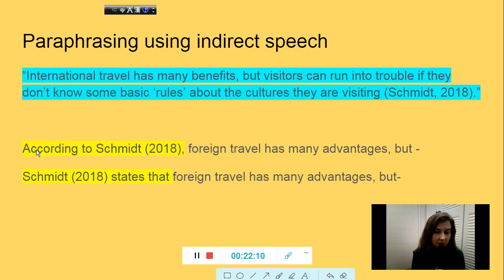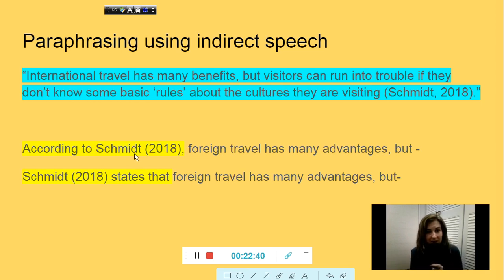So we talked about indirect speech last week. So you can see here, we have some indirect speech paraphrasing going on. According to Schmidt, 2018, foreign travel has many advantages, but... So that would be an example of using indirect speech.